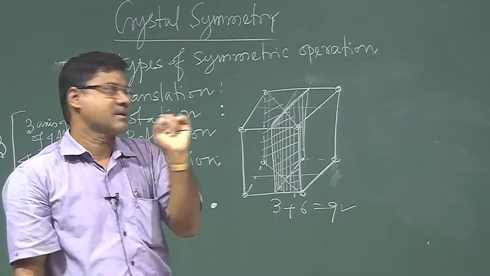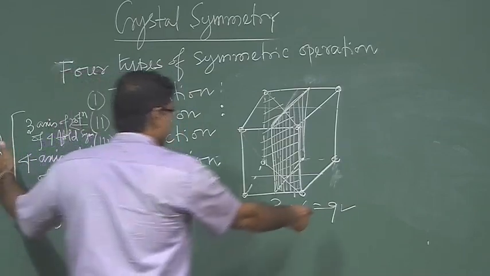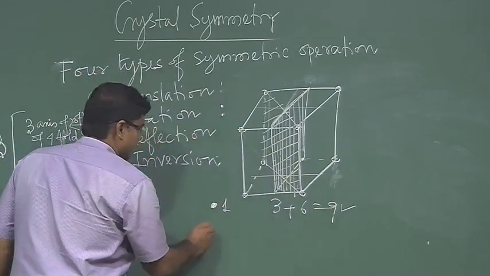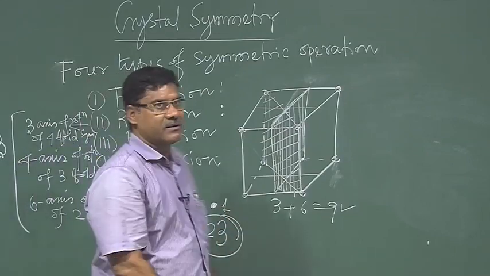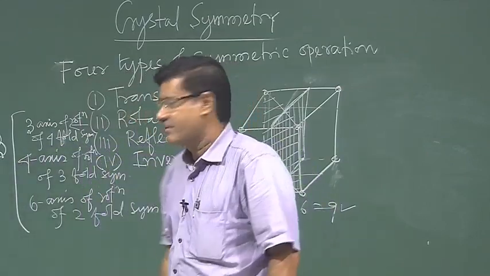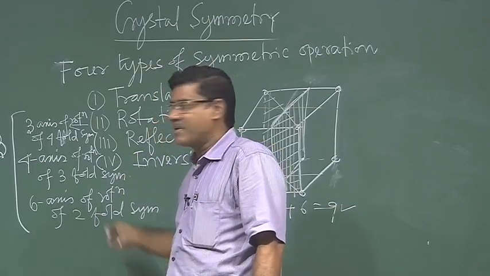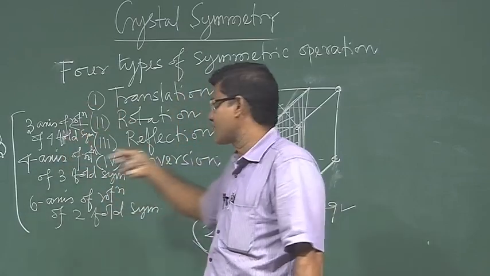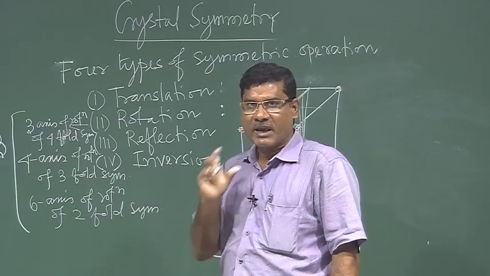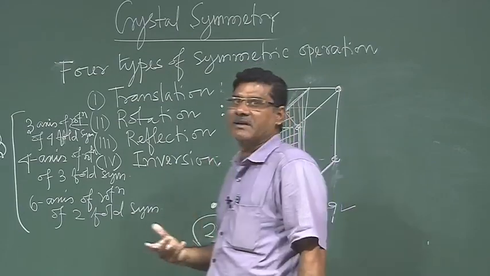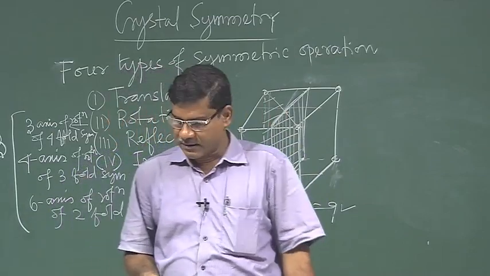With respect to that, this cube crystal will have symmetry. So that is why 13 plus 9 is 22, plus this 1. So the cube crystal has 23 symmetry elements: these axes of rotation, planes and this point are called symmetry elements. So the cube crystal has 23 symmetry elements. I will continue in the next class. Thank you.